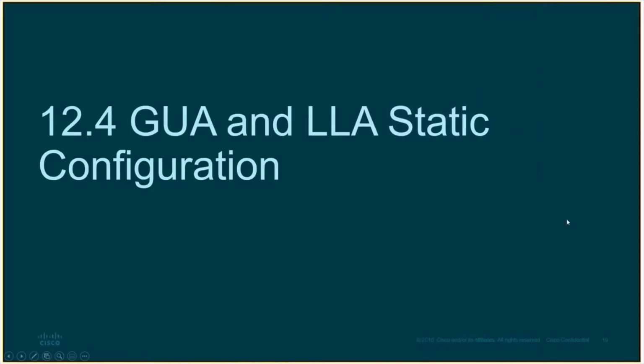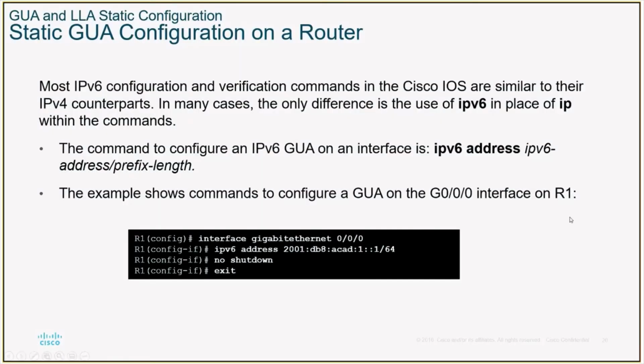Okay, so how do we do static configuration of the global unicast and link local address on a router? Static global unicast address. Most IPv6 configuration and verification commands on IOS are very similar to the IPv4 counterparts. In many cases, the only difference is that instead of it being an IP command, it's an IPv6 command.